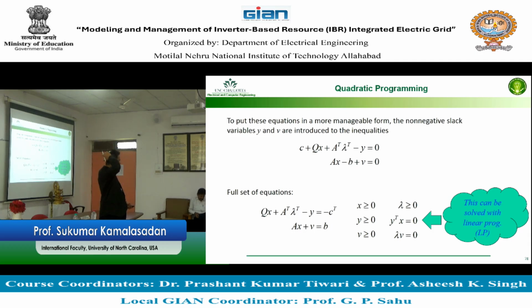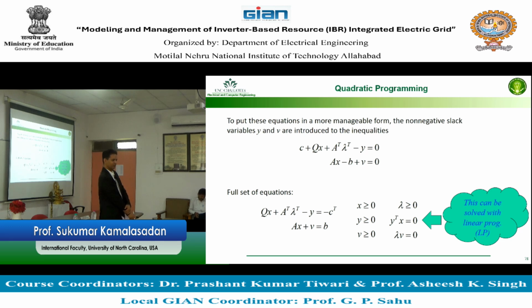Yes. Have you heard of economic dispatch? In economic dispatch, you have a cost function for a generator represented in the quadratic form. What is the way to solve that quadratic function without using quadratic programming?